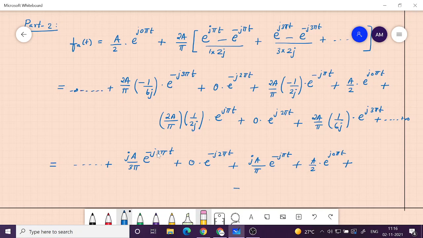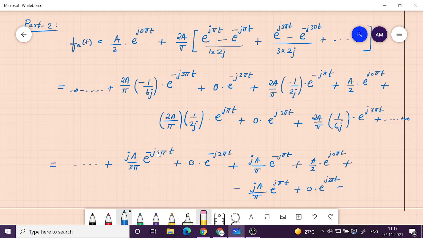I'll get minus j a by pi e raised to plus j pi t plus 0 e raised to j2 pi t plus the last term, which is basically the complex conjugate of the minus side.